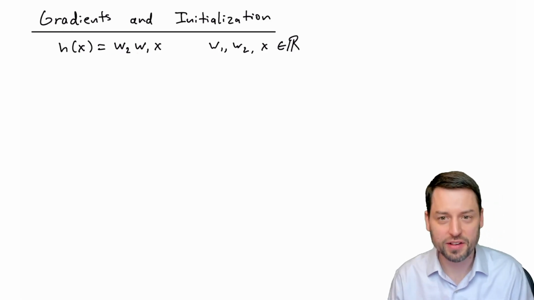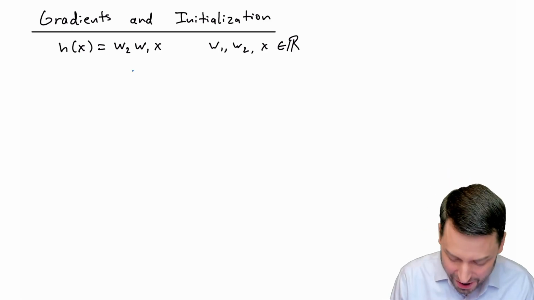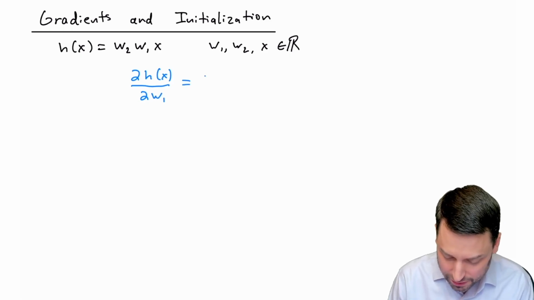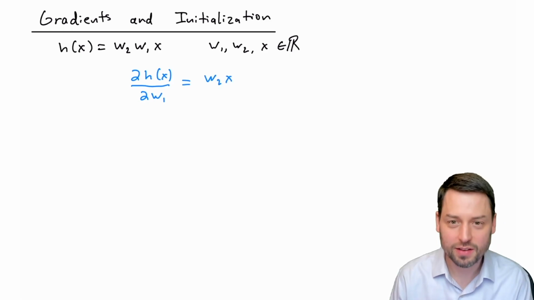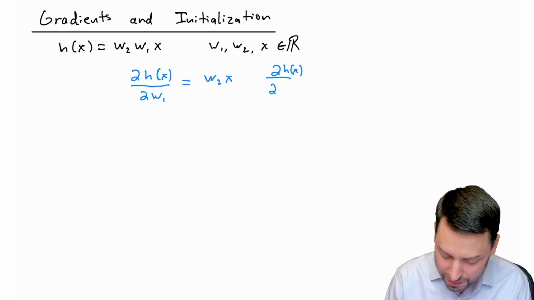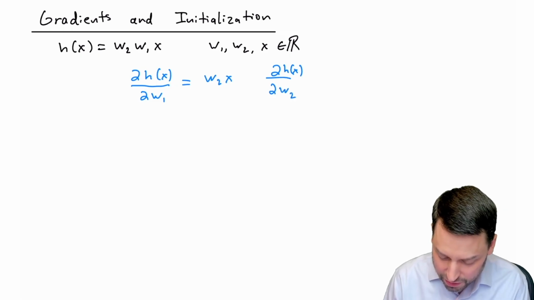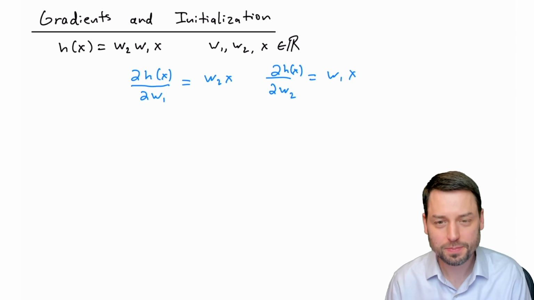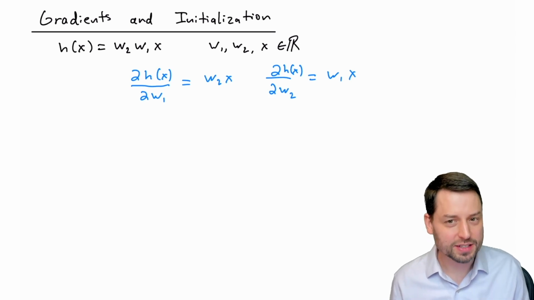And it's very simple math here, right? All that you would say is that the partial derivative of our model with respect to W1 would just equal W2 times X. And similarly, without nonlinearity, it's rather boring here, but the partial derivative with respect to W2 is just equal to W1 times X. But something interesting happens here.